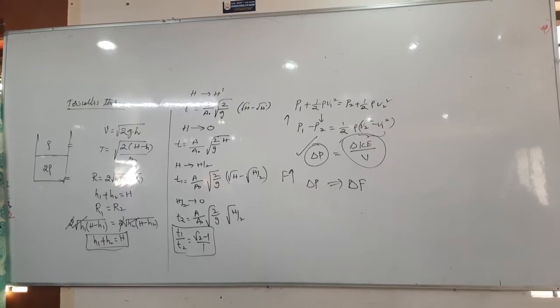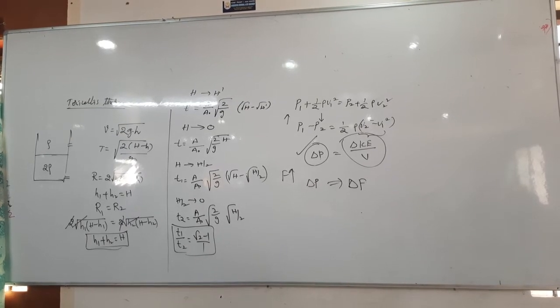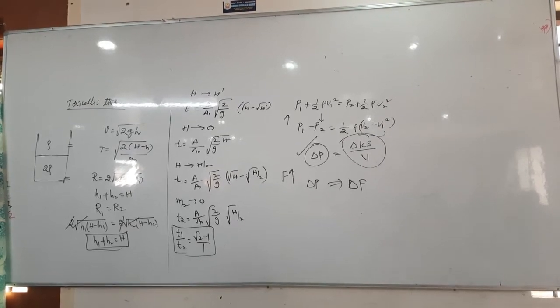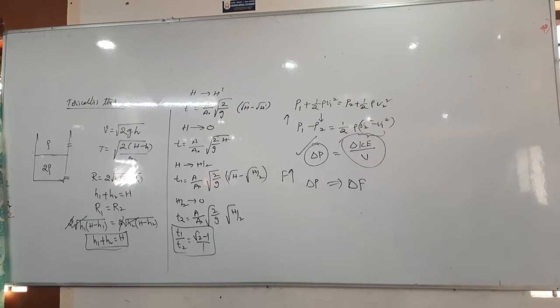Before that we will solve a normal basic problem 1. A horizontal pipeline carries water in a streamline flow at a point along the pipe where the cross sectional area is 10 centimeter square.